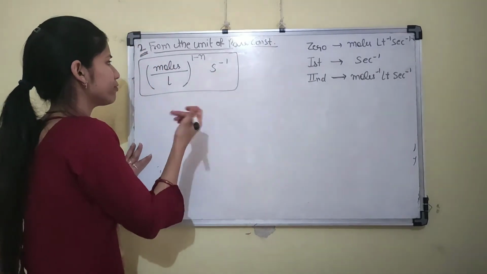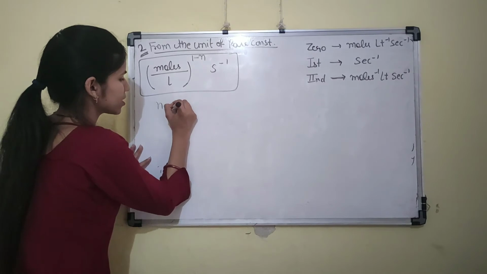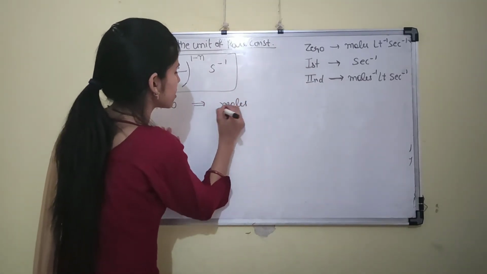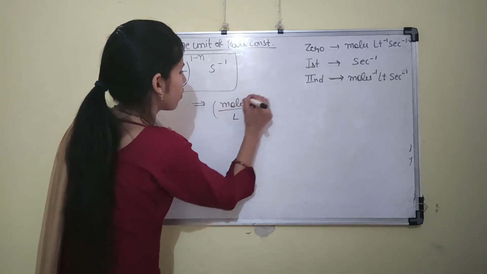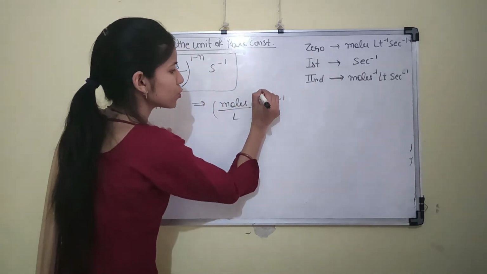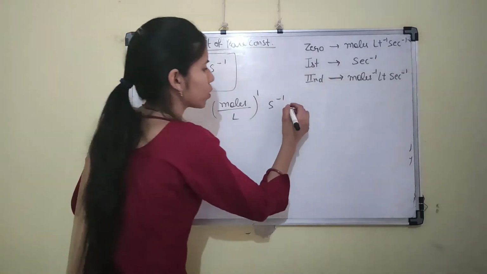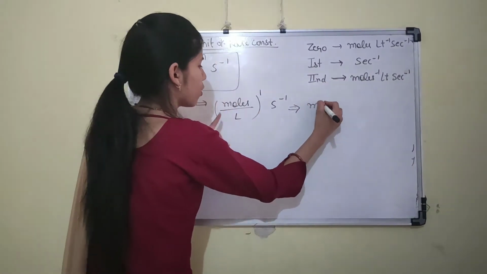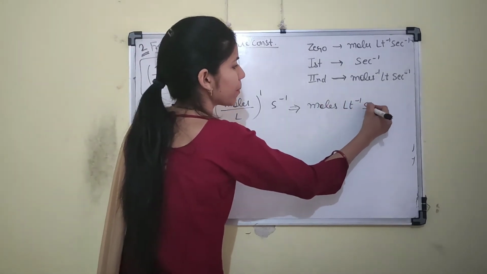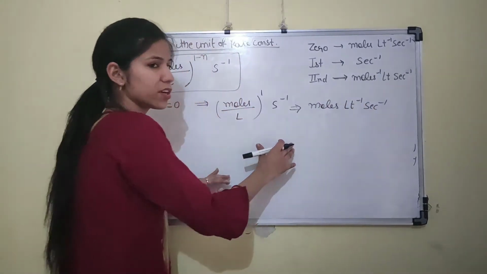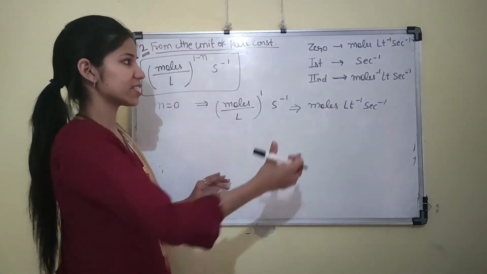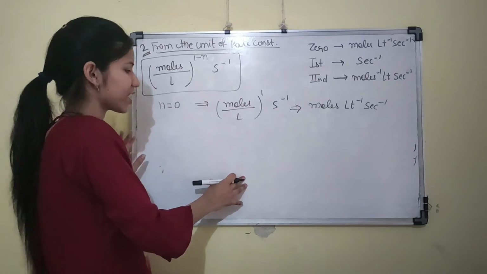And in this, if we put the value of n as 0, then it gives moles per liter to the power 1 minus 0 per second. 1 minus 0 is equal to 1. So this is moles per liter per second. And if we are given moles per liter per second, we can say that this is a zero order reaction.